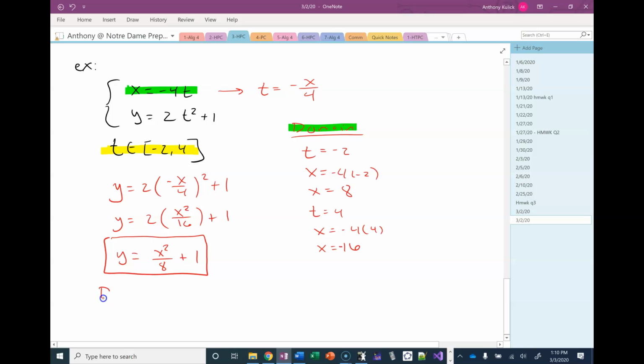So that tells me my range is negative 16 to positive 8.